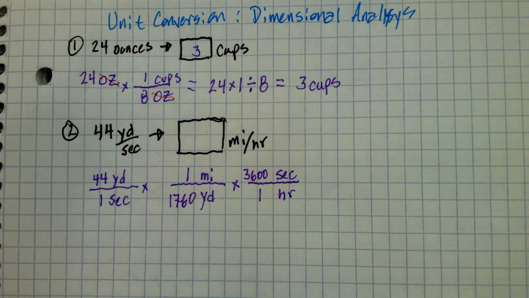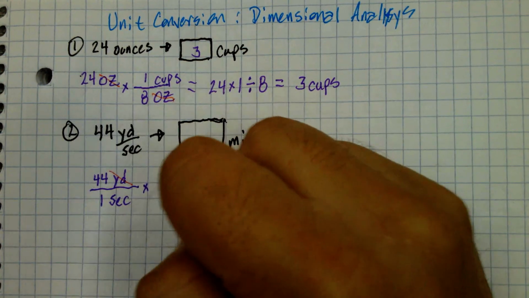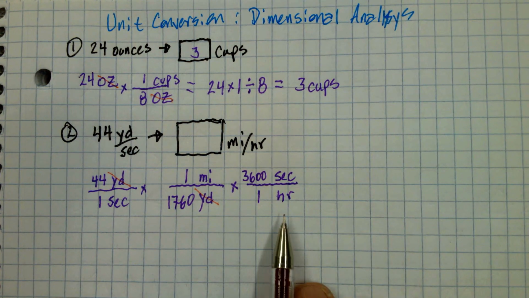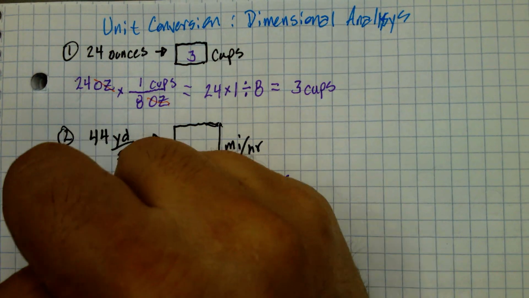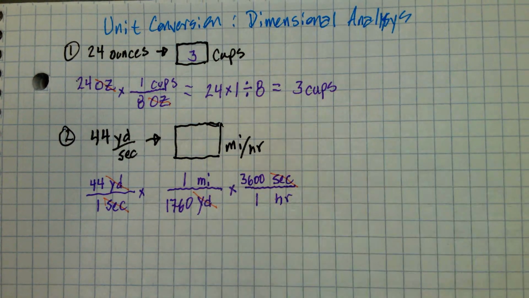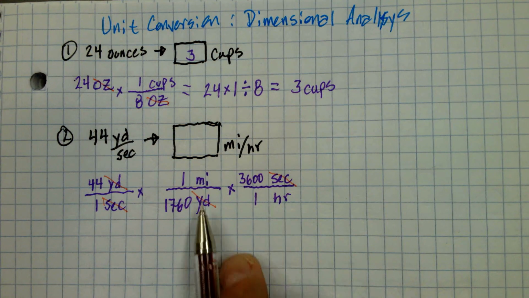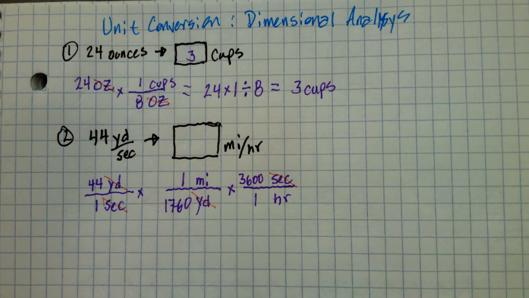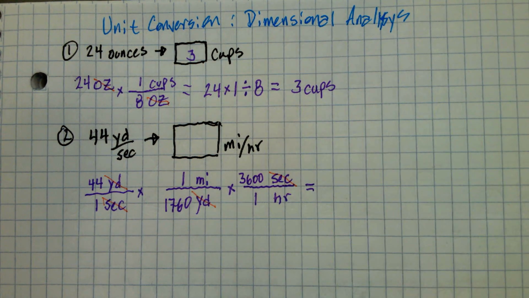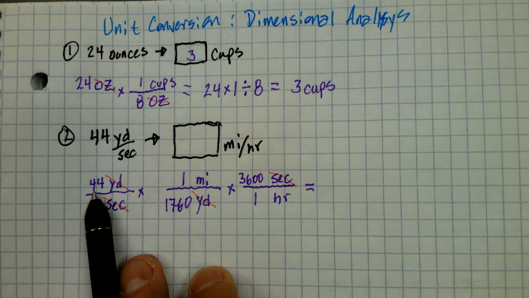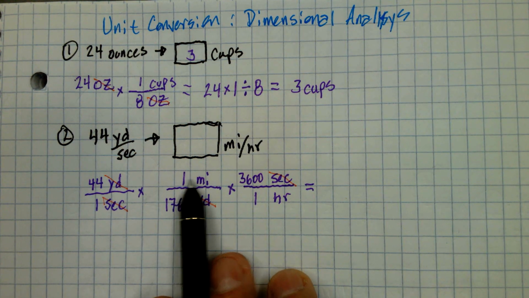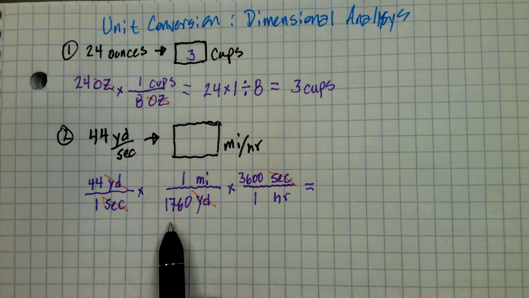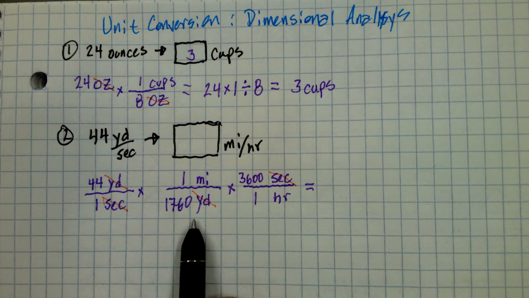Okay. What I usually do is handle the units first to make sure it all works out correctly. Okay, so yards is going to cancel with yards, leaving just miles. Seconds is going to cancel with seconds, leaving hours in the denominator, and we would be left with miles per hour. Okay, so let's see what we have. We have 44 times 1 times 3,600 divided by 1,760.